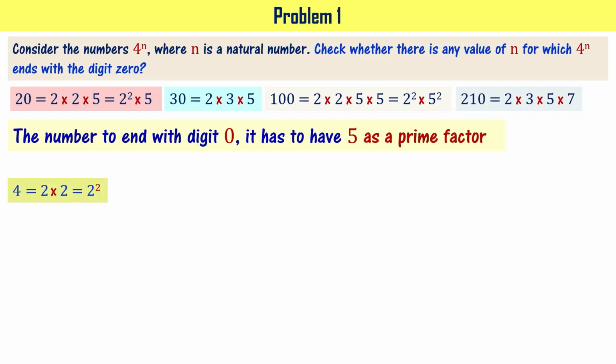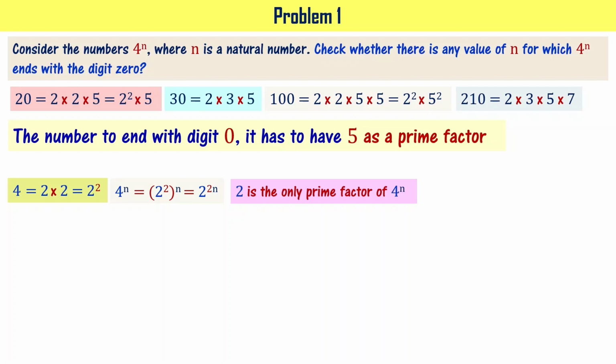Now, 4 can be written as 2 times 2. That means 4 can be written as 2 square. It means 4 power n can be written as 2 square to the power of n. That can be written as 2 power 2n, right? So as you see here, 4 power n has only one prime factor, that is 2, right?